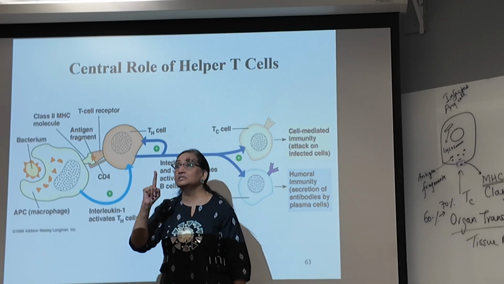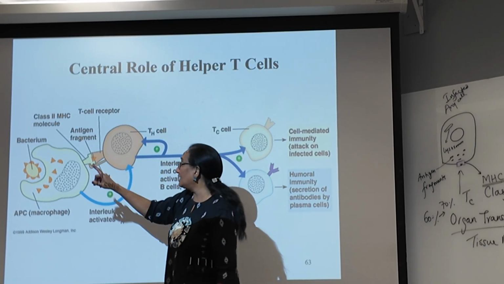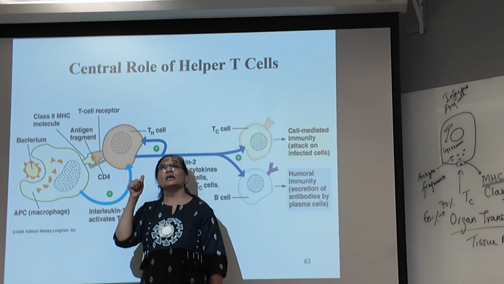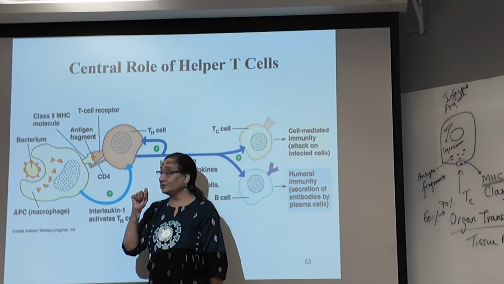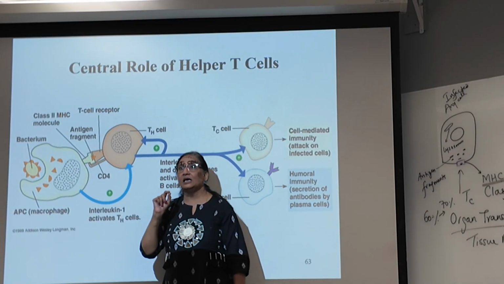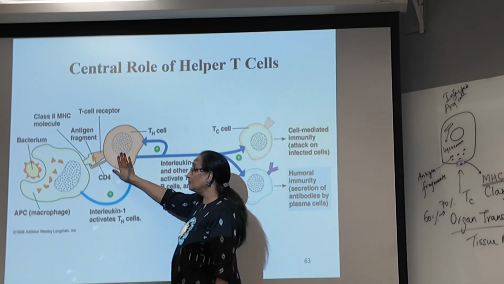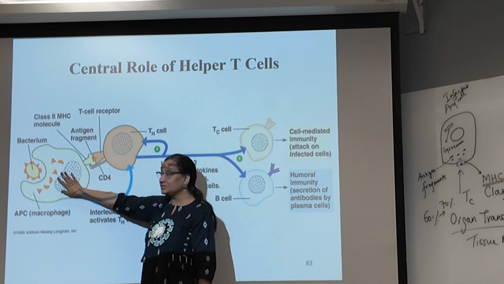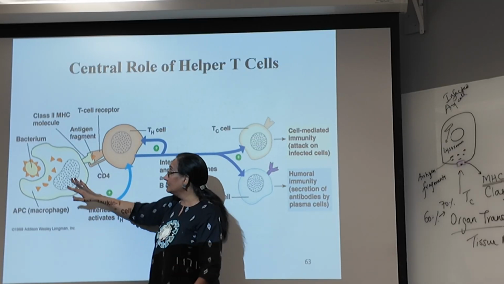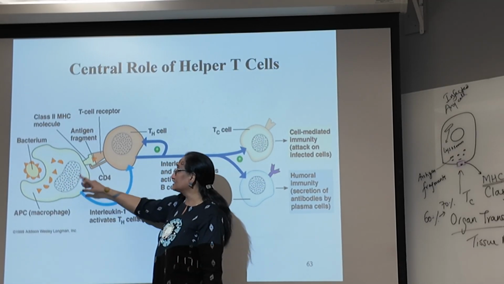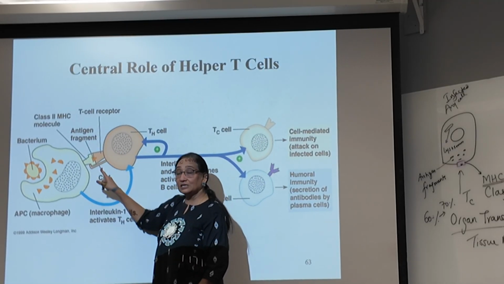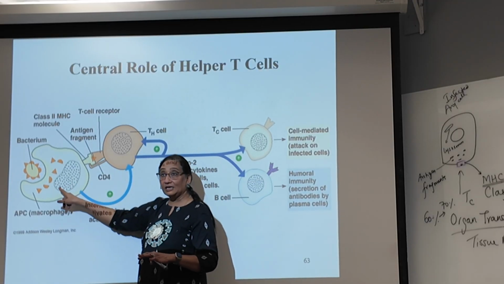Okay, a T helper cell will come and recognize the antigen presented by a macrophage. This is an antigen presenting cell, a macrophage already. It is a type of white blood cell. So this T helper cell is not going to do anything.